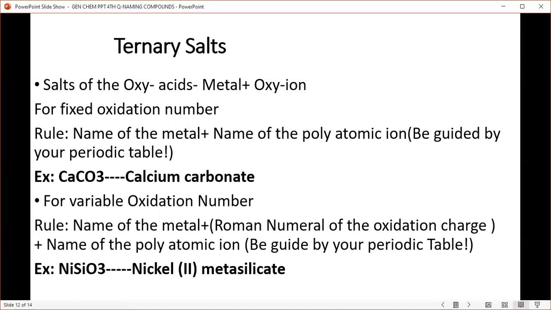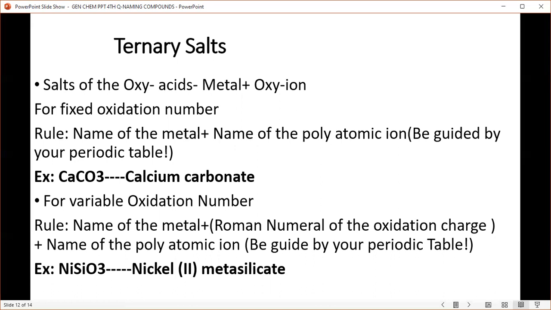So nickel(II) metasilicate. That's the name of NiSiO3. This is also known, as in our binary salts earlier, as the Stock system method, the usage of Roman numerals to indicate the oxidation charge of the metal.